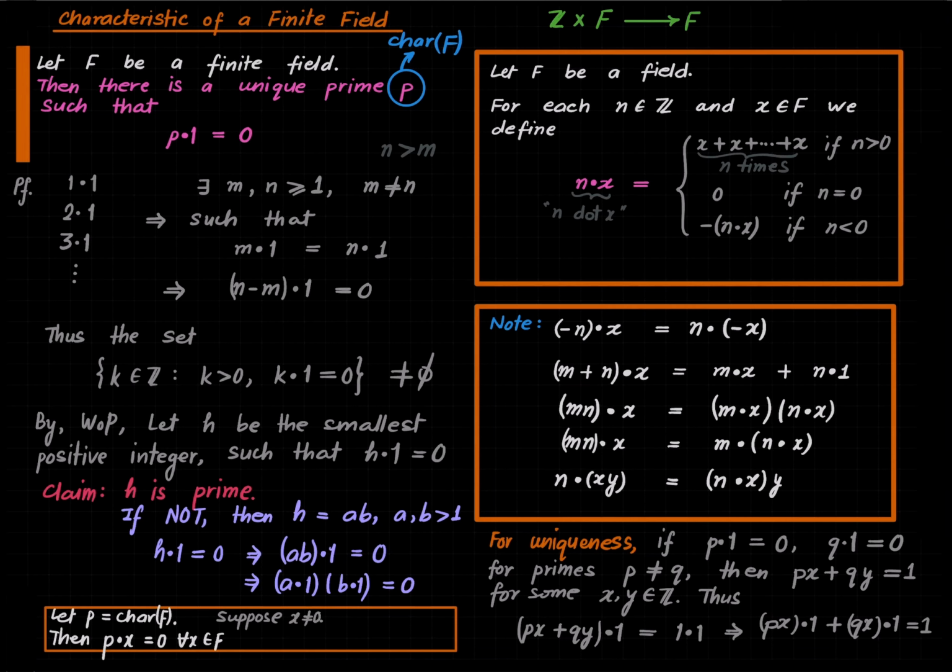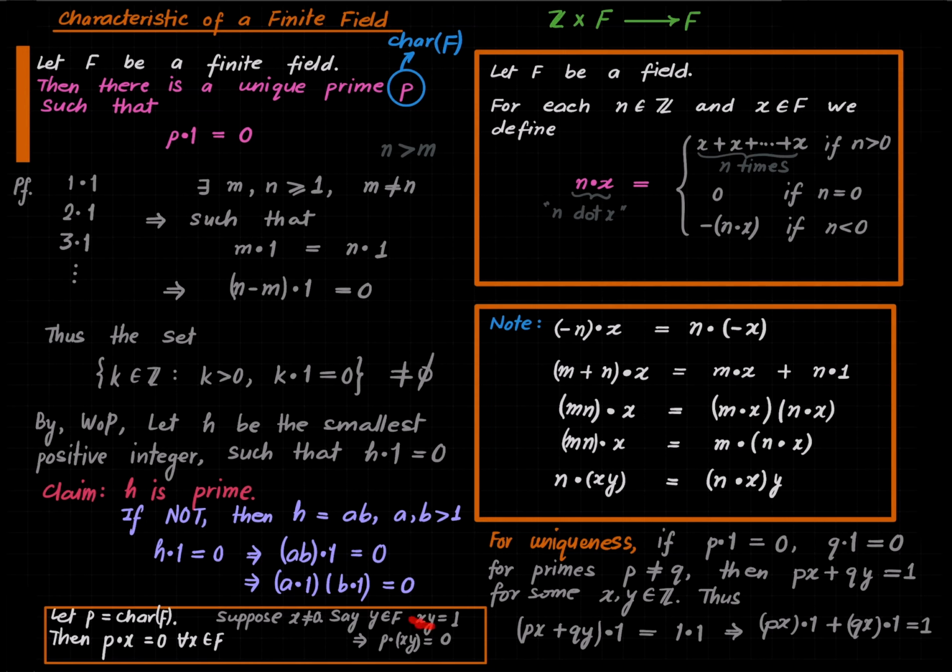And if x is non-zero, then it has an inverse since we are dealing with a field. So there is some y such that x times y is 1. Right? And now this tells us that p dot x times y is 0, because p dot xy is p dot 1, which is 0. So I'll just skip a step and write 0 here.